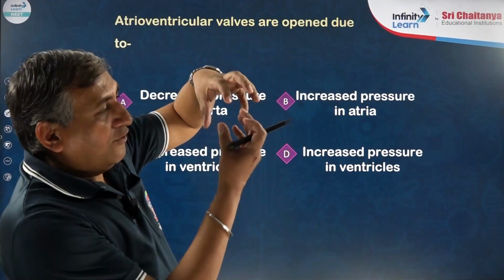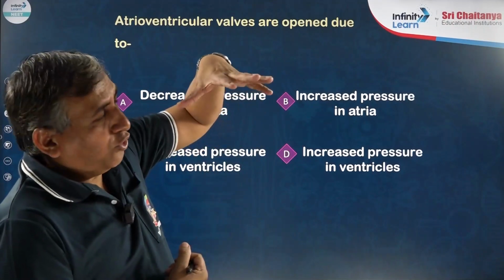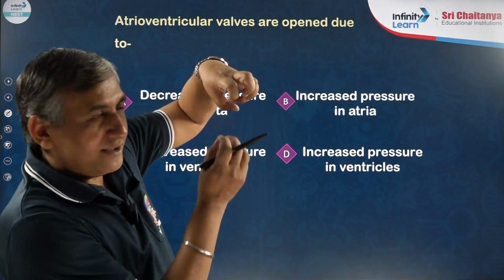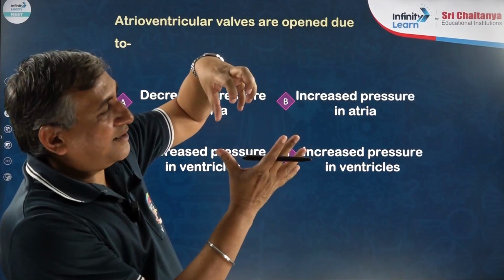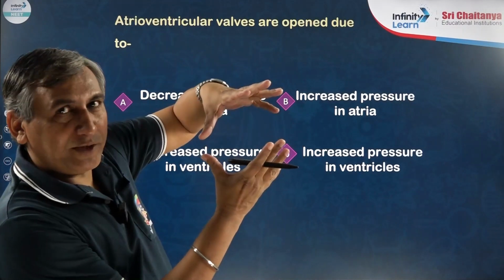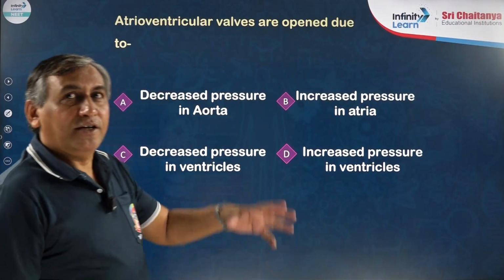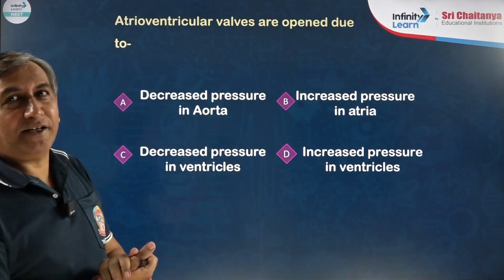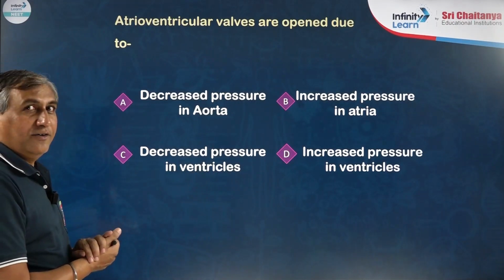See, why is there opening of the AV valves? The opening of the AV valves is due to the contraction of the atria and relaxation of the ventricle. So the pressure in the atria increases, the pressure in the ventricles decreases, and volume increases. If you get two answers, increased intra-atrial pressure and decreased pressure of the ventricle, I said always give importance to the ventricular event.